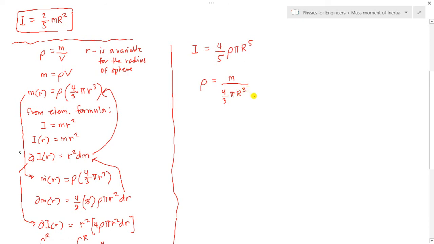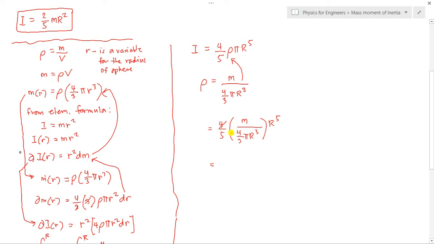That is the density formula for a sphere. So we can plug it in there. So that is 4/5, density is mass divided by 4/3 pi r cubed, and then this is r to the 5th.